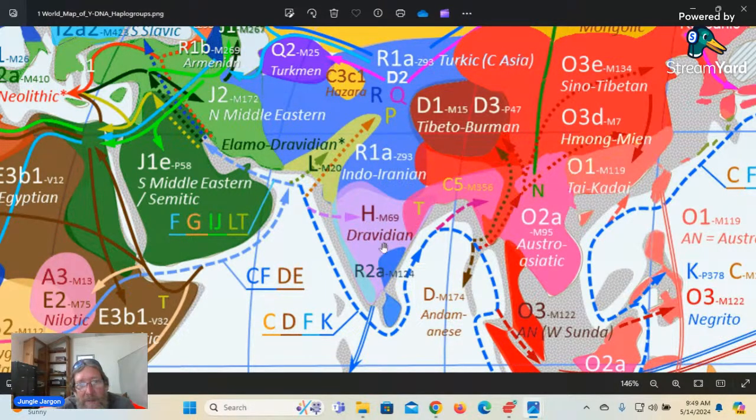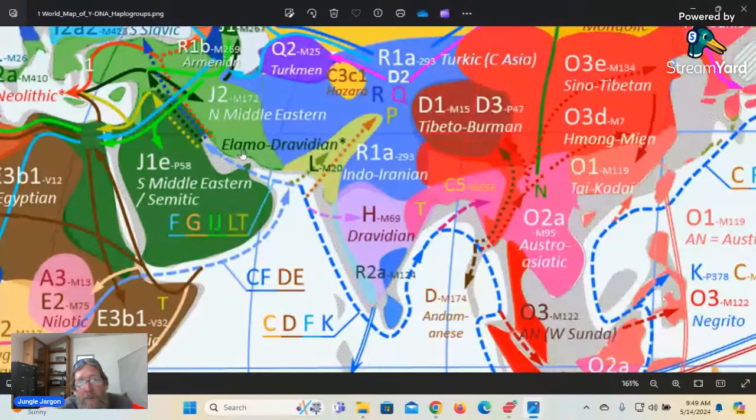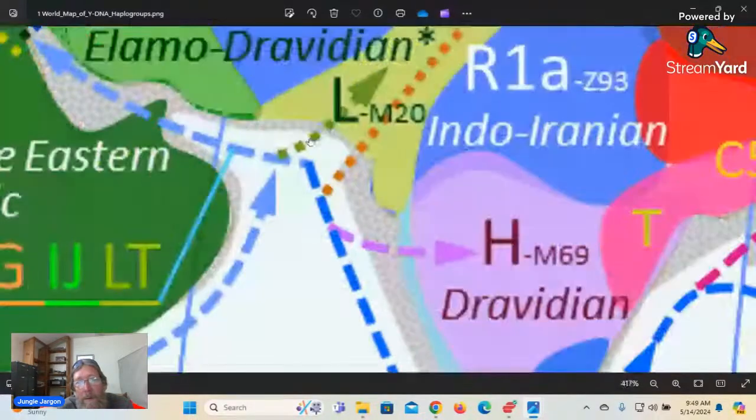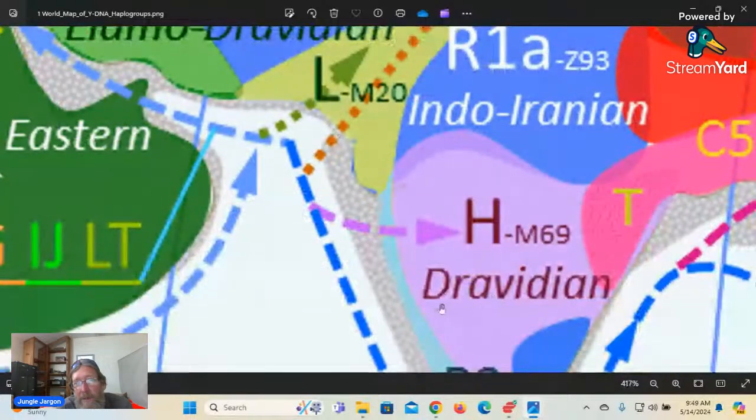What are the chances that this H lineage, which belongs to the Semitic lineage, as we identified earlier, would be linking the exact haplogroup of this Elamite population here as Elamo-Dravidian? And we have down here, Dravidian is H, right? So this Dravidian is the exact descendants of Elam.